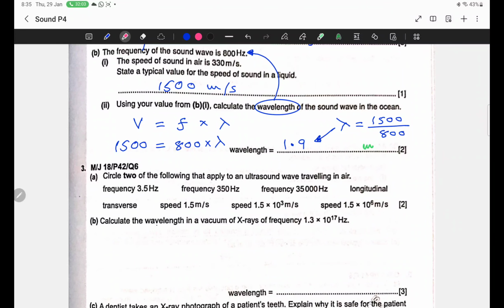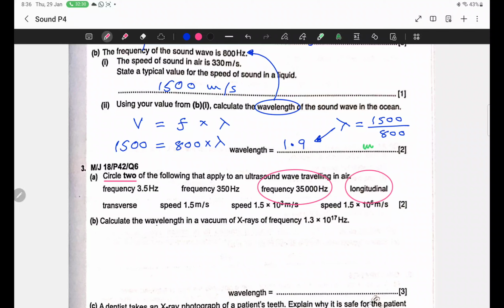Question number 3 is about ultrasound wave. Draw two circles on ultrasound waves. Is an ultrasound wave longitudinal? Yes, an ultrasound wave is longitudinal. Ultrasound frequency is more than 20,000.